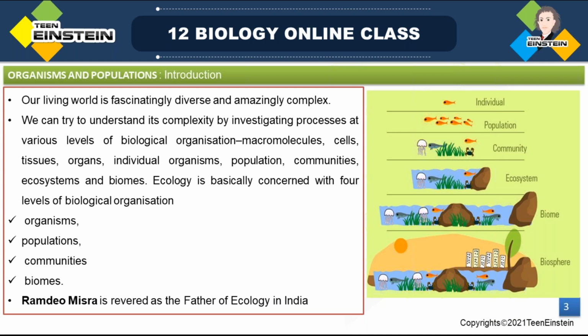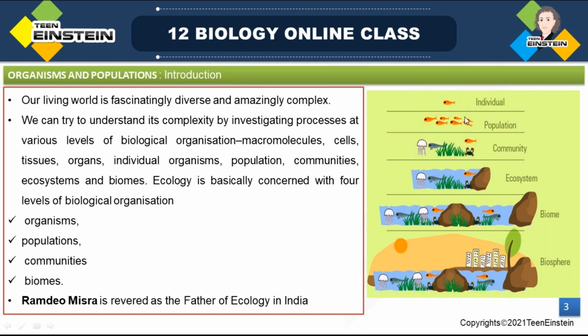See, when one organism forms a group, then only it forms a species, then it goes to a higher level. So the basic one is an individual organism. Here you can see. Then it forms the population, then forms the community, ecosystem, biome, biosphere, right? So the basic one is the individual organism.